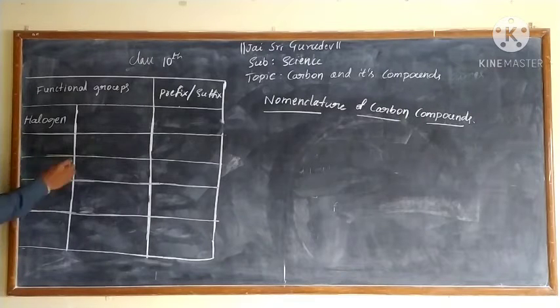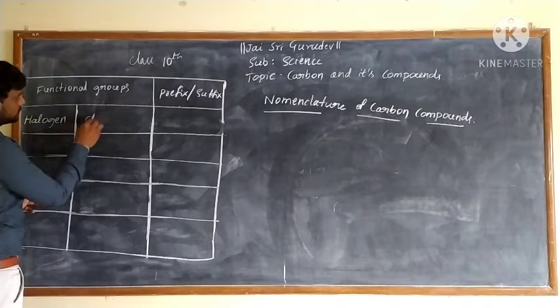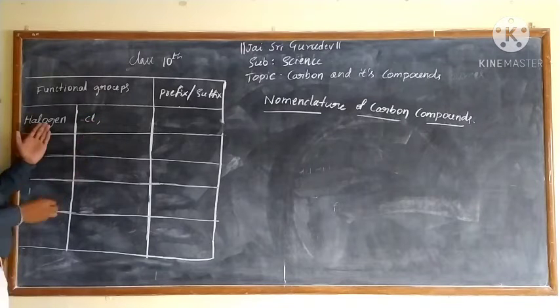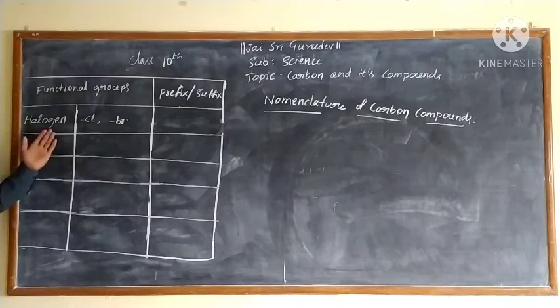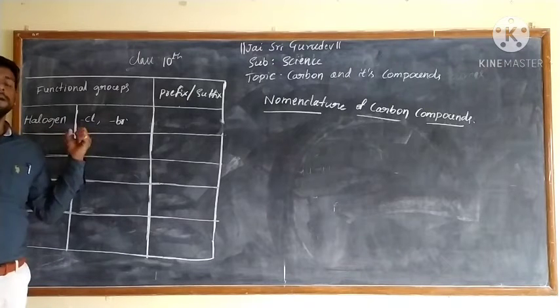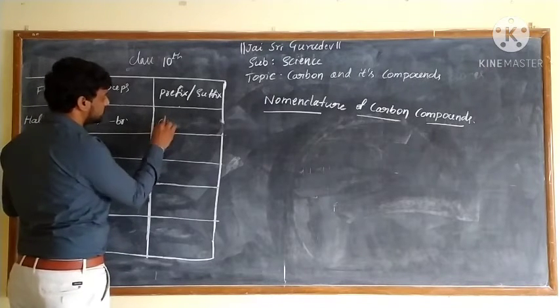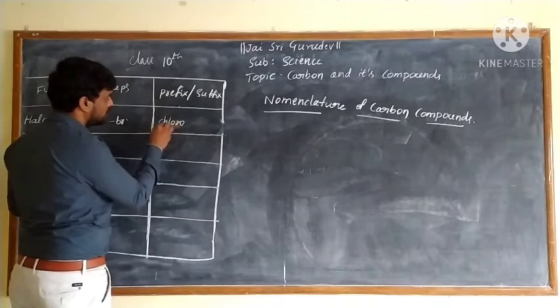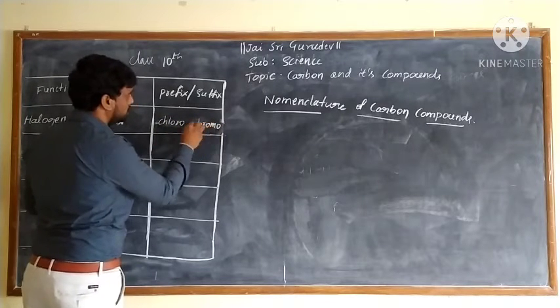Let us take two of them, chlorine, Cl, and bromine, Br. The halogens are written by using a prefix. The prefixes are chloro and bromo.